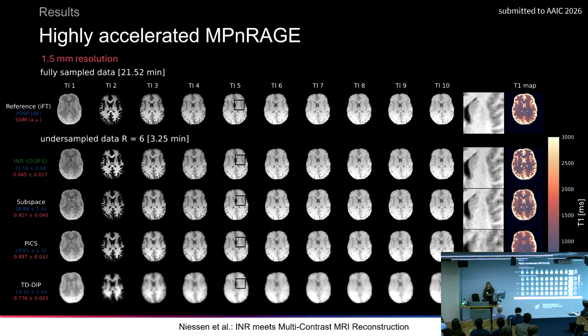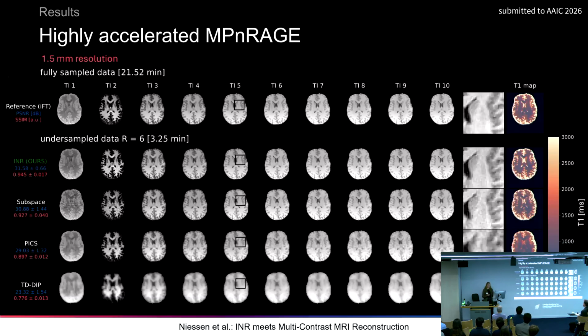Below we can see the undersampled data that was acquired in 3 minutes 25, and here you can see reference-based metrics, PSNR and SSIM. When you look at the data, you can see that our joint INR reconstruction allows us to reconstruct denoised images for all the contrasts, and it also corresponds to the reference image.